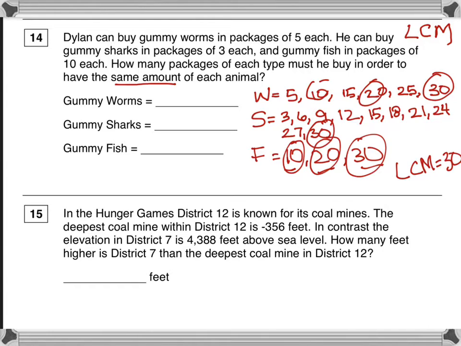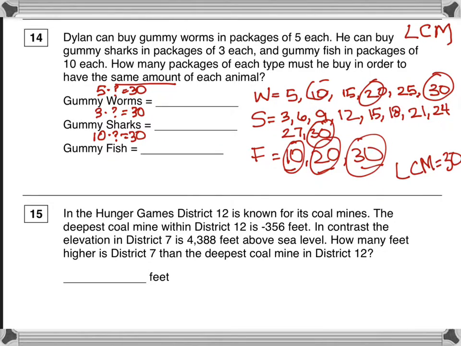But then I have to ask myself, for the gummy worms, 5 times what equals 30? 3 times what equals 30? And lastly, 10 times what equals 30?